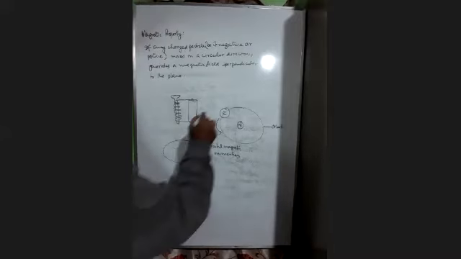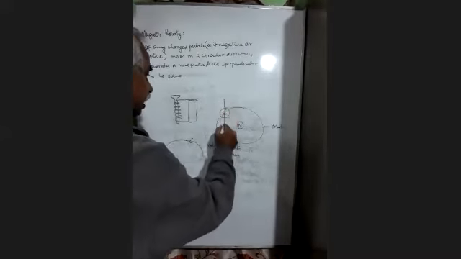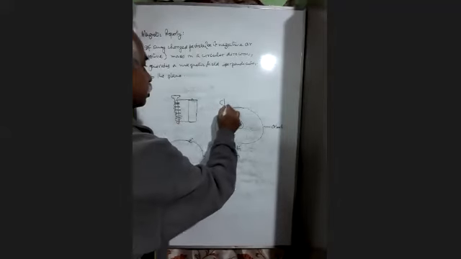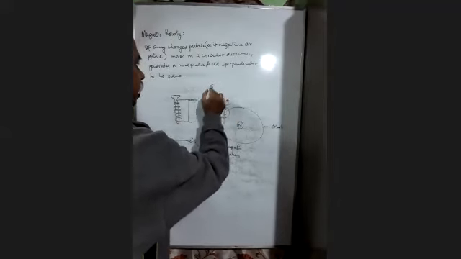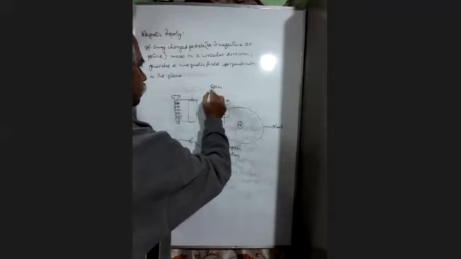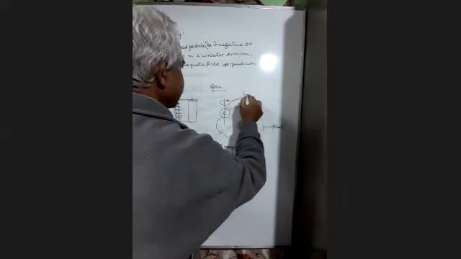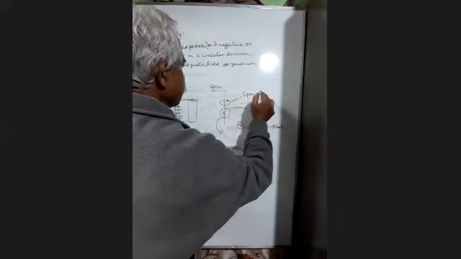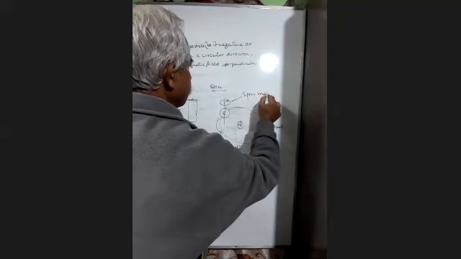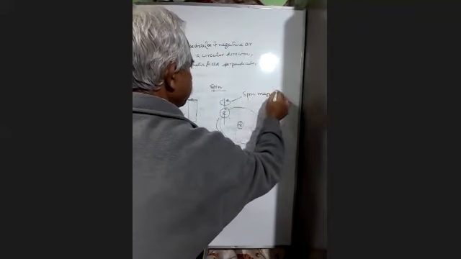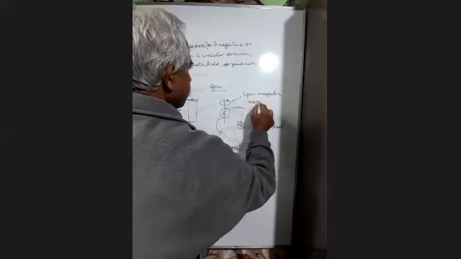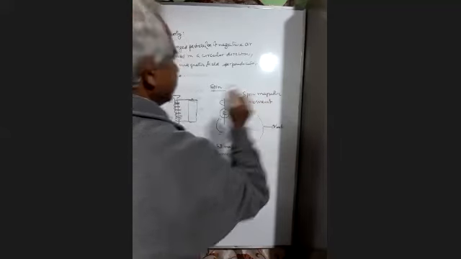But we have also learned that when the electron moves there, it spins on its own axis. It may be clockwise or anti-clockwise. So it also generates a spin magnetic moment.